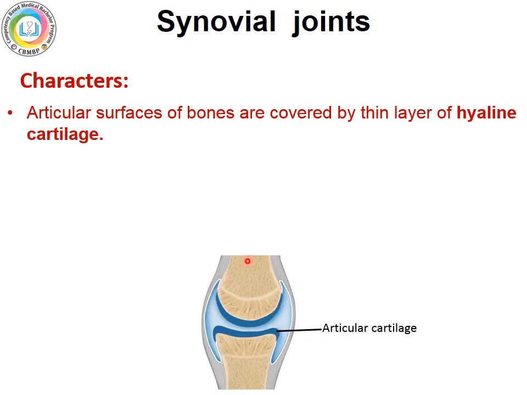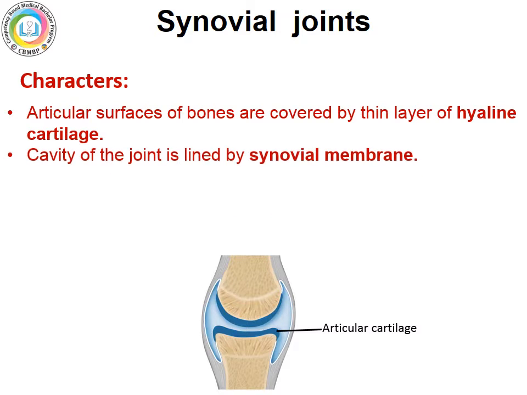These are the surfaces of bones covered by a thin layer of hyaline cartilage called articular cartilage to decrease friction. Number two, the cavity of the joint is lined by synovial membrane. Here is the synovial membrane covering the cavity, all the cavity except the articular surfaces.